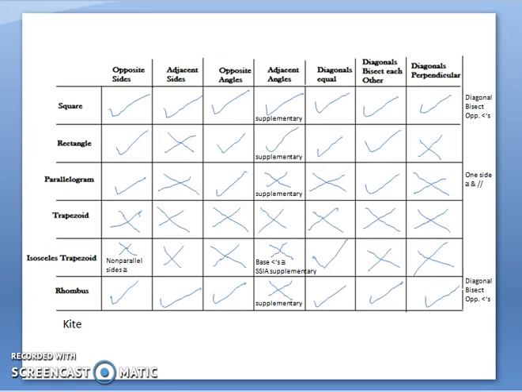And when we go through our properties of the kite, we have opposite sides are congruent, which we know is not true because only the adjacent sides are congruent. So this part will be an X.